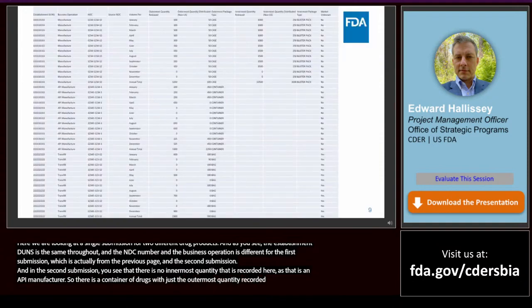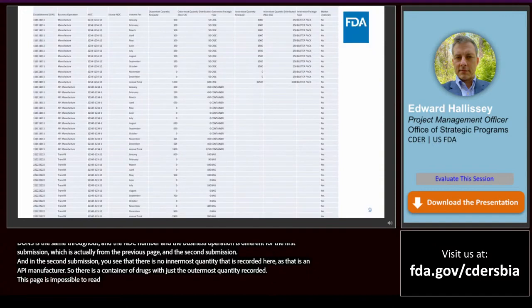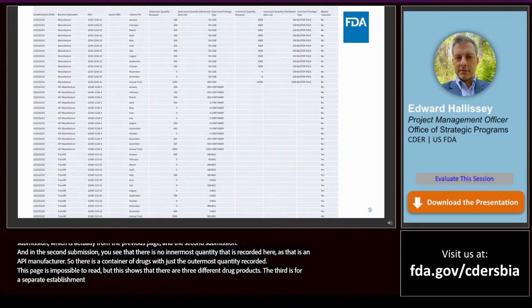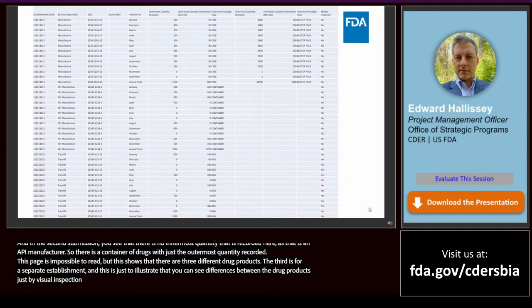This page is impossible to read, but this shows that there are 3 different drug products. The third is for a separate establishment, and this is just to illustrate that you can see differences between the drug products just by visual inspection of the screen itself.